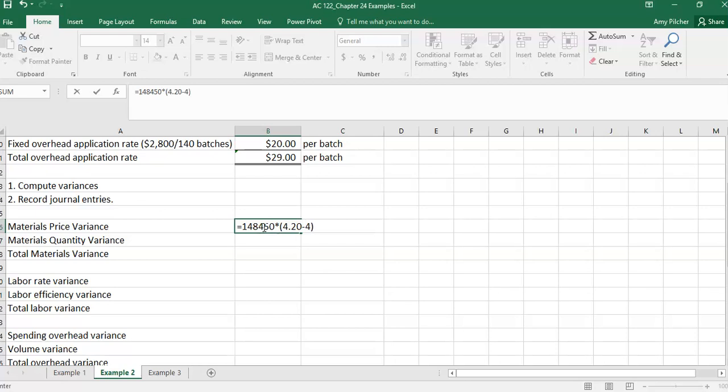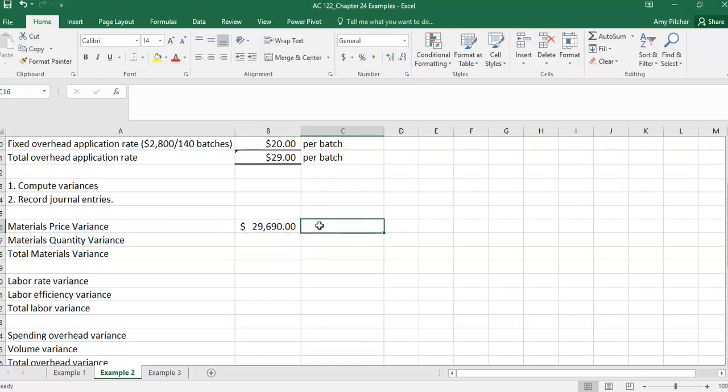So $4.20 minus $4. So we have a materials price variance of $29,690. We paid 20 cents less a pound than we were going to. So we have a favorable variance.